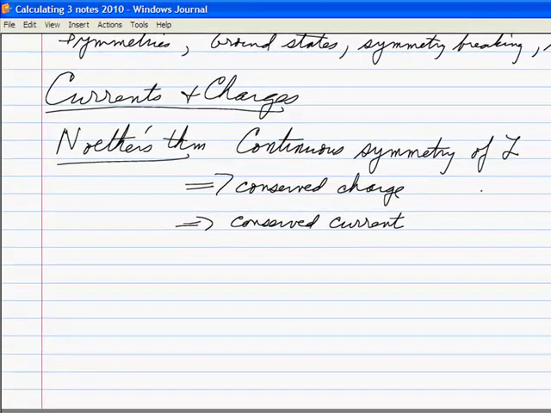Okay, conserved charge means that dQ/dt is equal to 0. Conserved current means d_mu j^mu is equal to 0. So that's when you say conserved charge and conserved current, that's what you mean. And for the last time, I won't keep doing this, I'll do the connection. Let's just do it one more time.